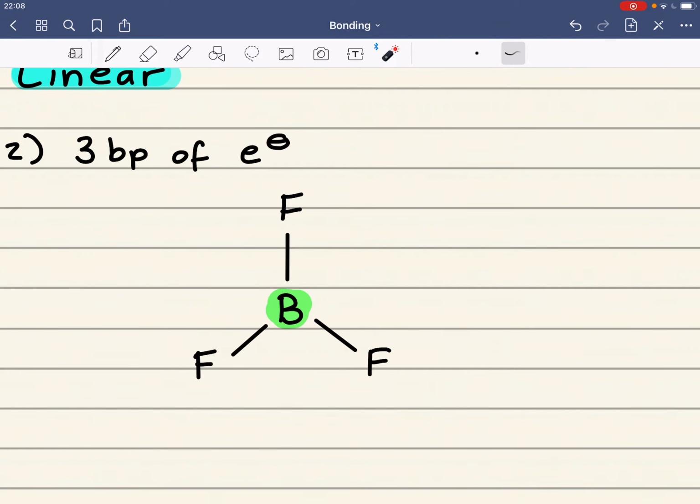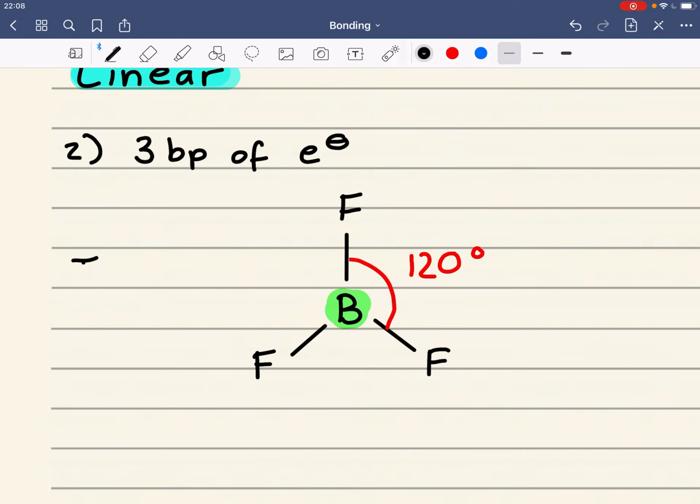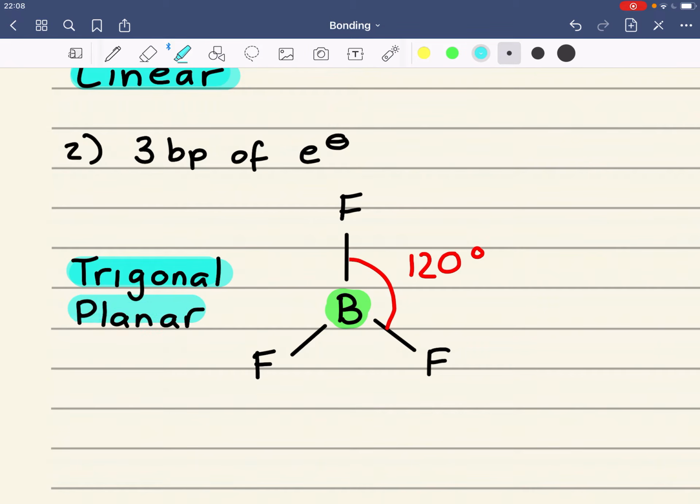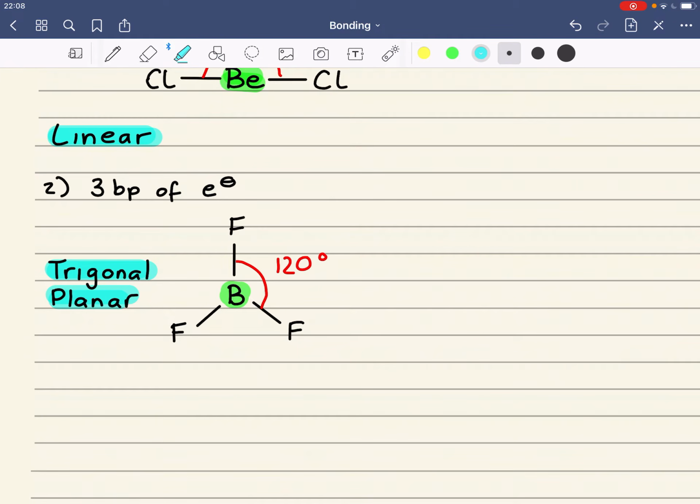Again, they arrange themselves in such a way to be as far apart from each other as possible to minimise the repulsion. When it does that, it gives you a shape with a bond angle there of 120 degrees, and the name of the shape is trigonal planar. And again, you need to remember the names of these shapes and the bond angles.